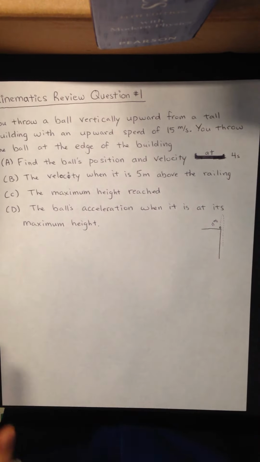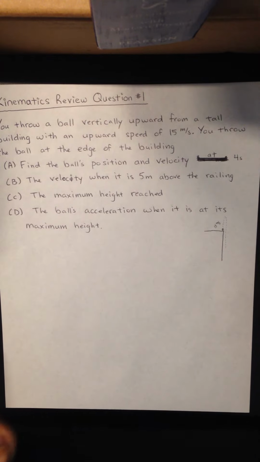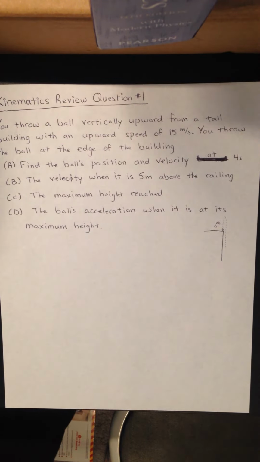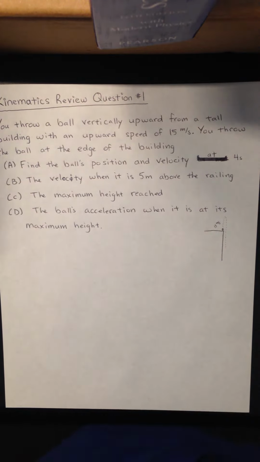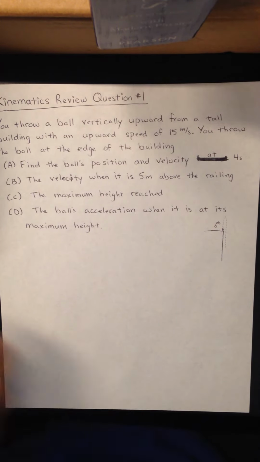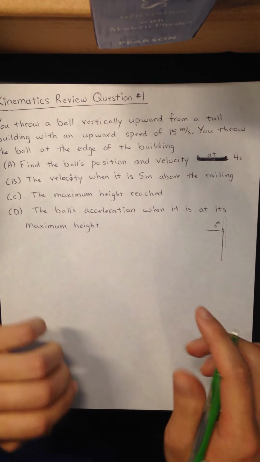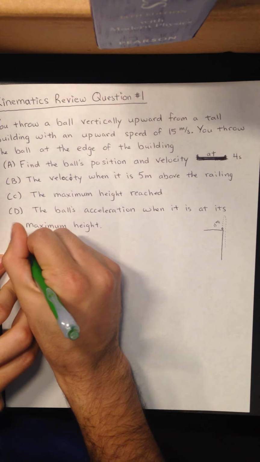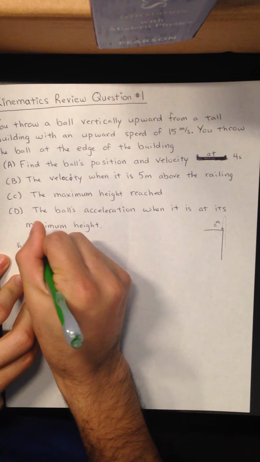Alright, so now first question over here. Find the ball's position and velocity. So let's first list off what we know. We know that this ball is going up with the speed of 15 meters per second. So we know V initial is 15 meters per second.